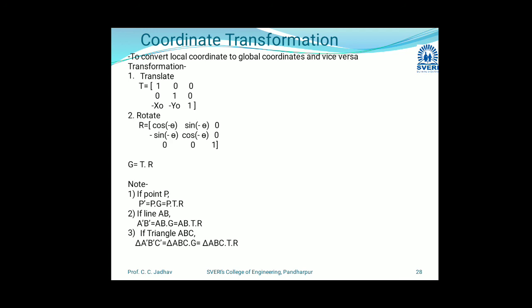So by using these geometric transformations, we change the orientation of the object, the size and shape of the object, and the location of the object. So this is about geometric transformation, then homogeneous and coordinate transformation.